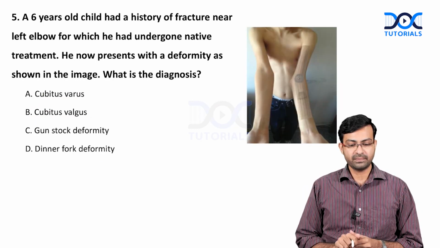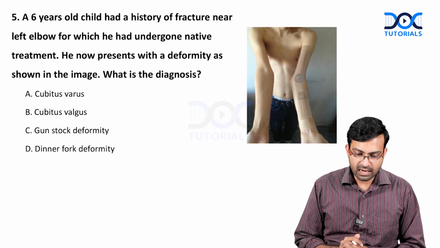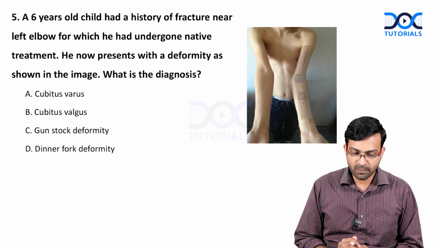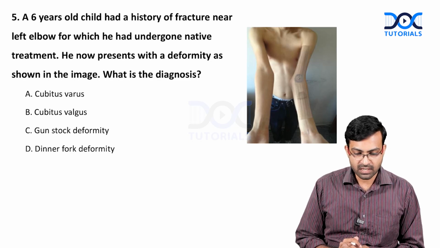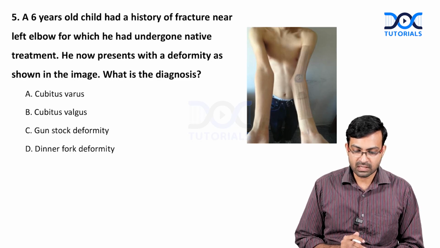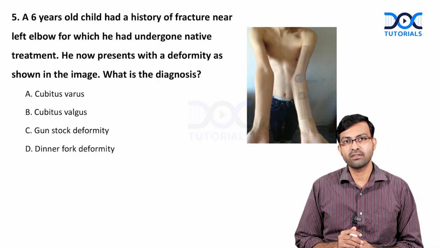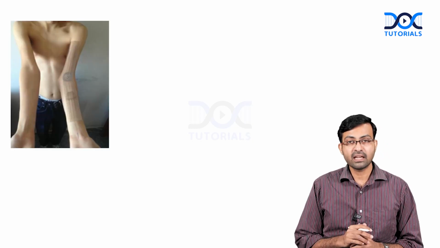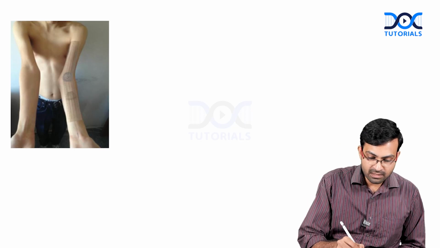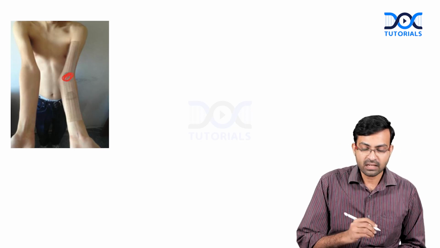Next question. A 6-year-old child had a history of fracture near the left elbow, for which he had undergone native treatment. He now presents with a deformity as shown in the image. What is the diagnosis? Is it cubitus valgus, gunstock deformity, or dinner fork deformity? Let's look at the picture again. So we can see that there is definitely a deformity at the elbow.